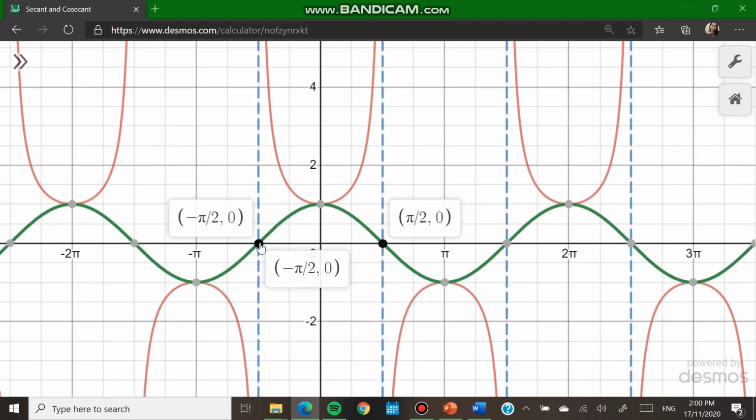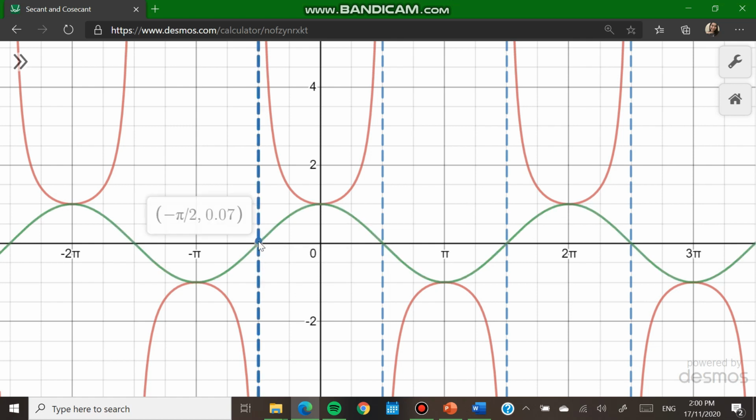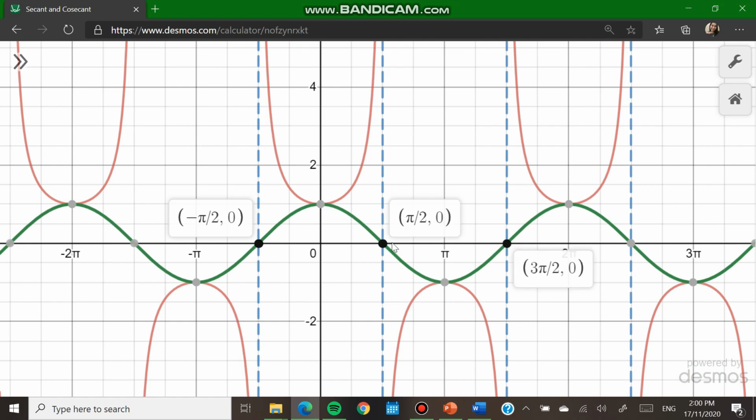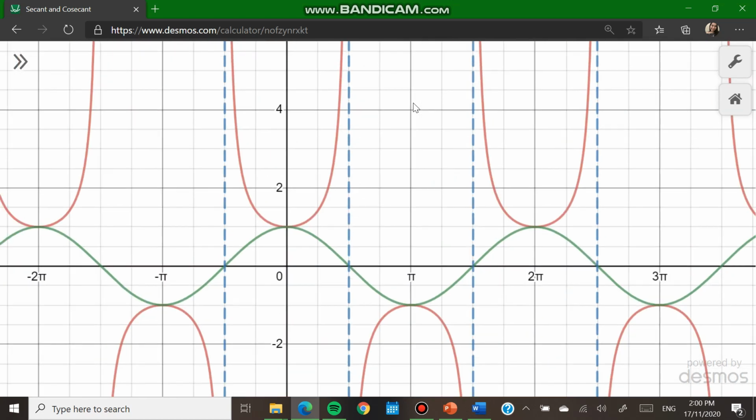This is where our cosine will be equal to 0, and if our cosine is 0, its secant will be undefined. That means we now have restrictions for the graph of our secant function. The restrictions will be those values that make our cosine equal to 0. Just take note of that. That means we will not be considering all the values of x for the graph of our secant.